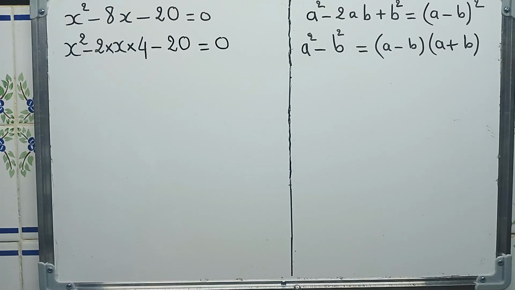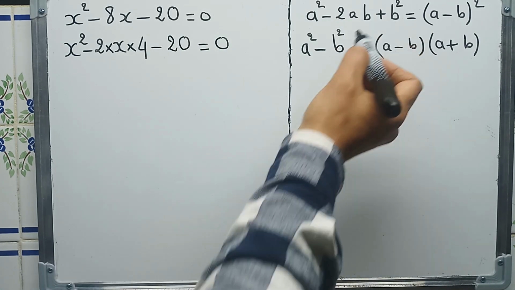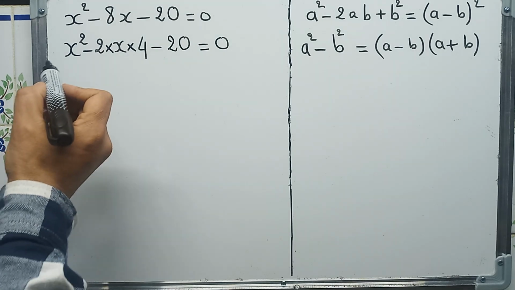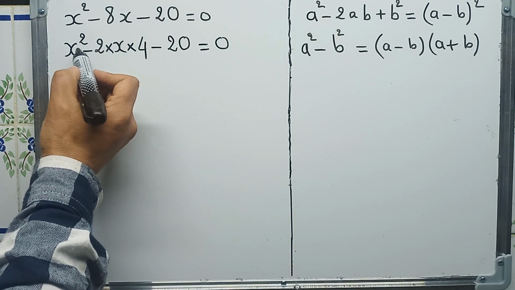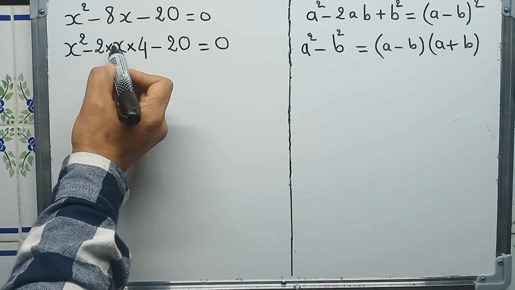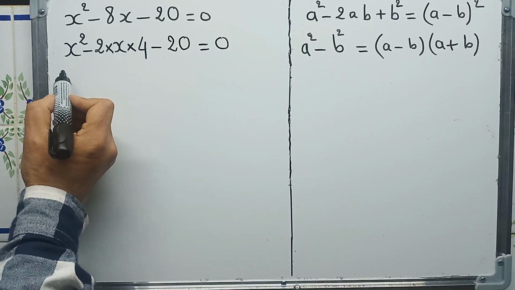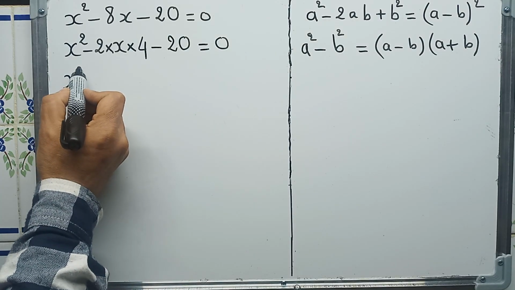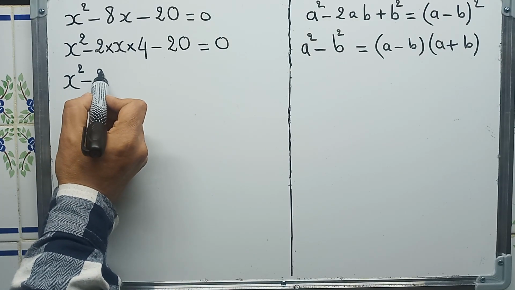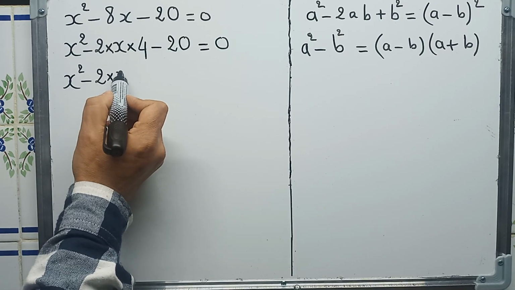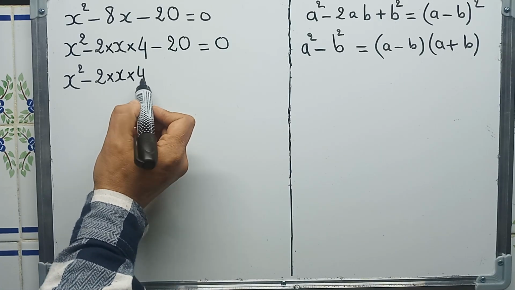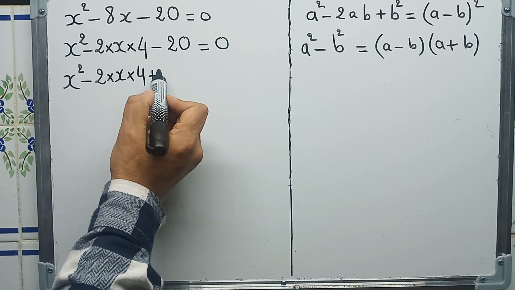Now what we do to complete our square is to add the b squared. Here we have x squared minus 2 times x times 4, so we must add 4 squared. This 4 is our second element.